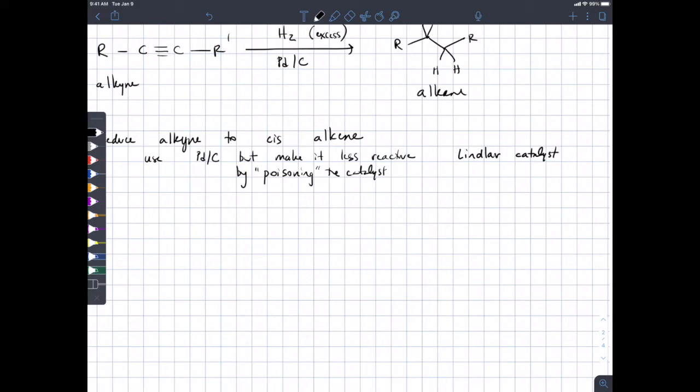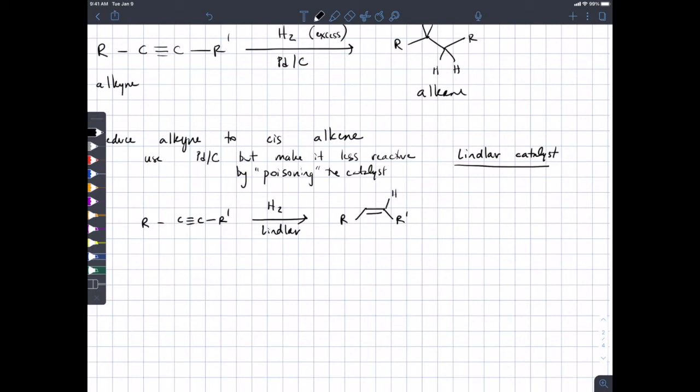I think one of the poisoners that's added is a little bit of lead carbonate and an amine called quinoline. That's a proprietary mixture, and your text doesn't tell you how or why it works, so I'm going to allow us to all forget that and simply remember that the Lindlar catalyst can take an alkyne and have it stop at the cis olefin.